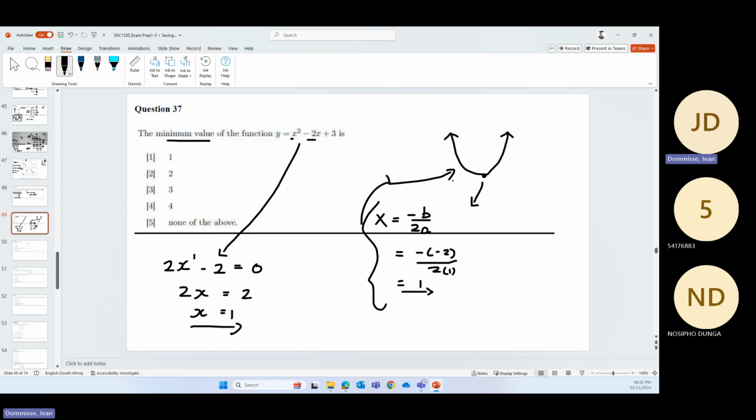So again, depending on what function we have, we will need to adapt a bit. But again, there are two ways to work it out.